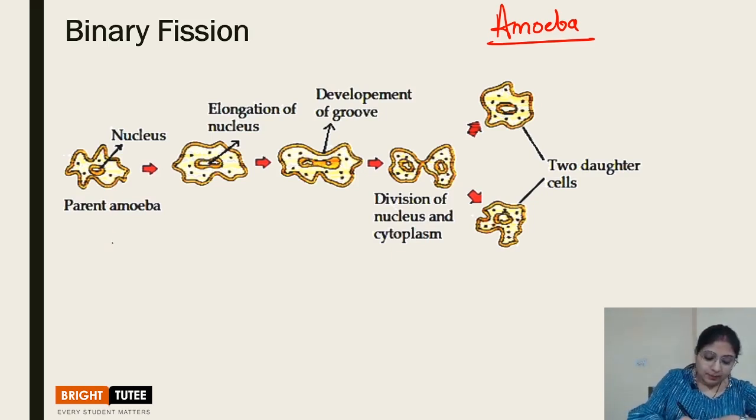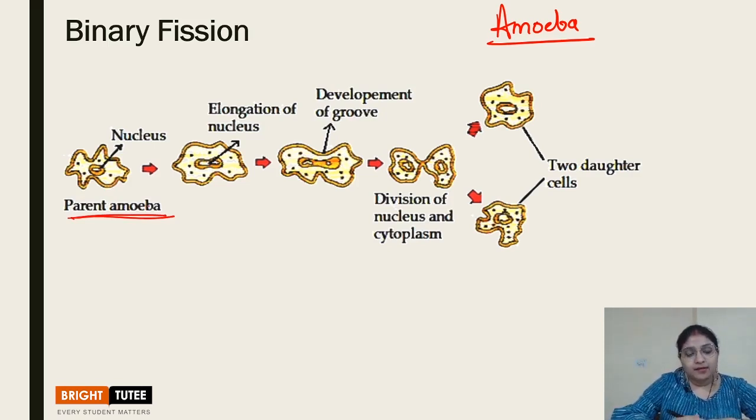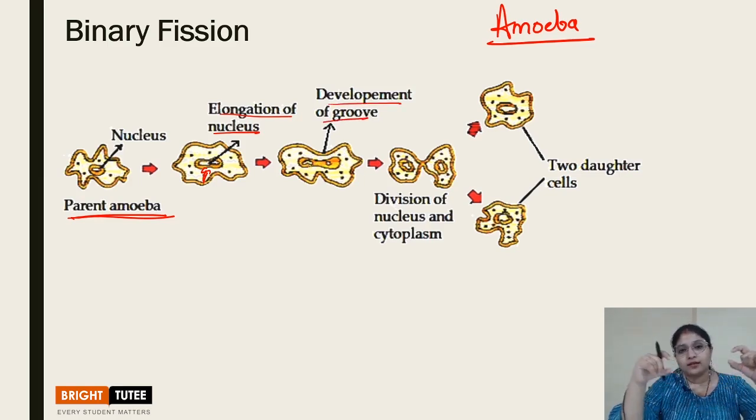Now when the parent amoeba reaches a particular stage, what happens is that it starts to elongate. First of all, the elongation of nucleus takes place, as you can see in this particular diagram. With the elongation of nucleus, the development of groove also begins. That is, the cytoplasm also starts elongating and there is a development of the groove.